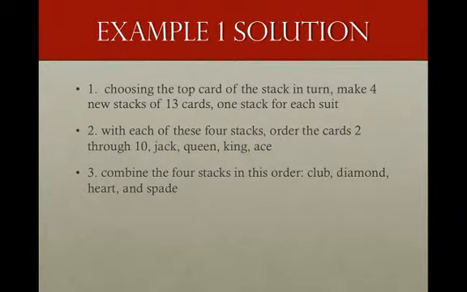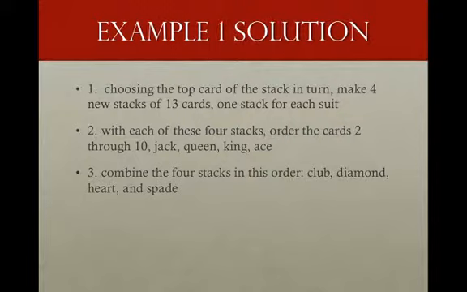So the solution or the algorithm for this would be, you would choose the top card of the stack and then turn it over. And through each card you turn over, you make 4 new stacks of 13 cards. The 4 original stacks would be the stacks for the suits. So you would have club, diamond, heart, and spade.